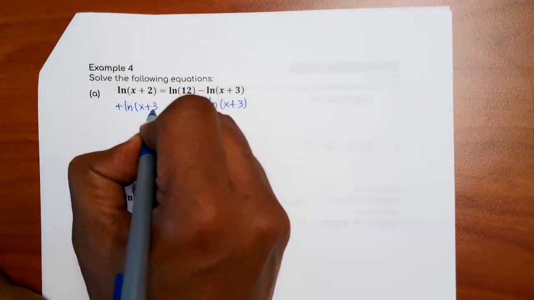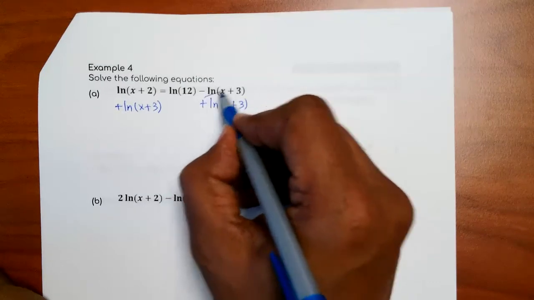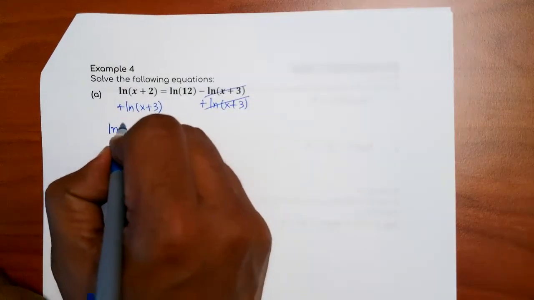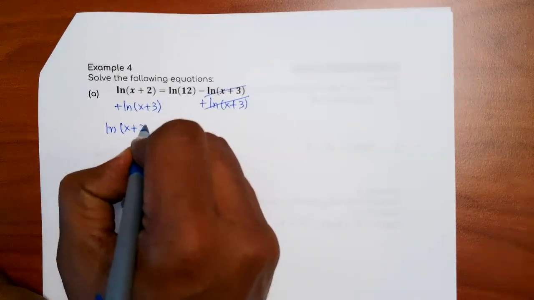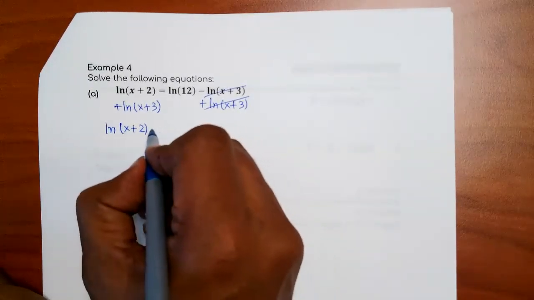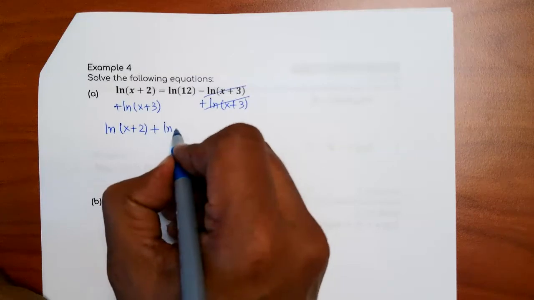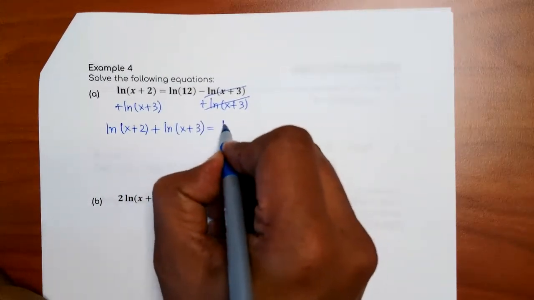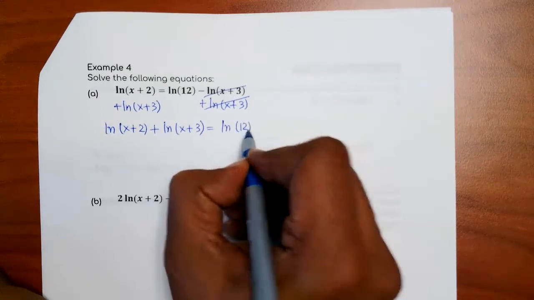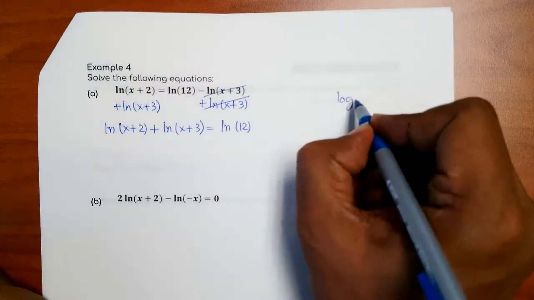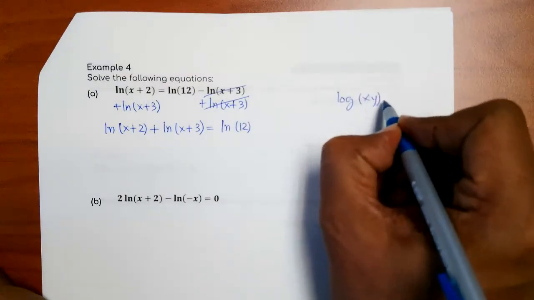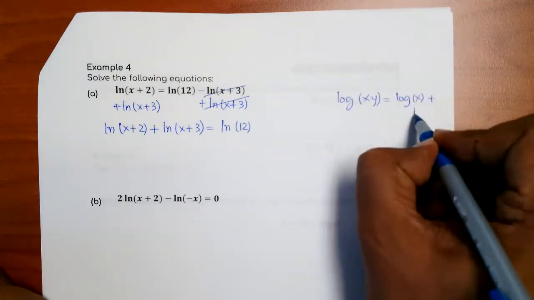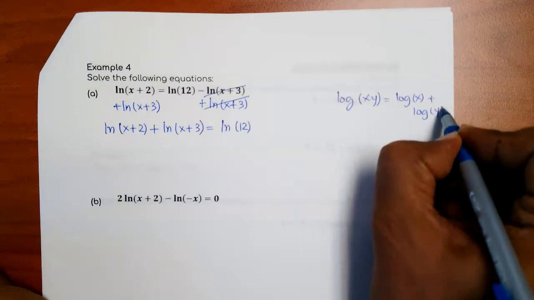So these two cancel out, we will have ln(x + 2) plus ln(x + 3) is equal to ln 12. This is the same as log of xy is the same as log of x plus log of y. Okay.